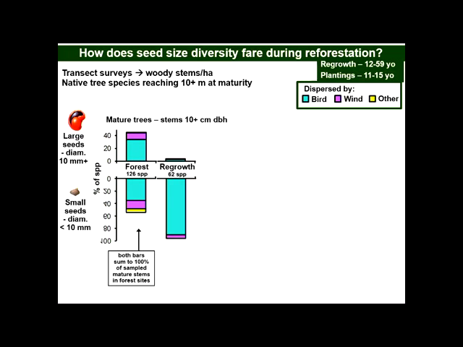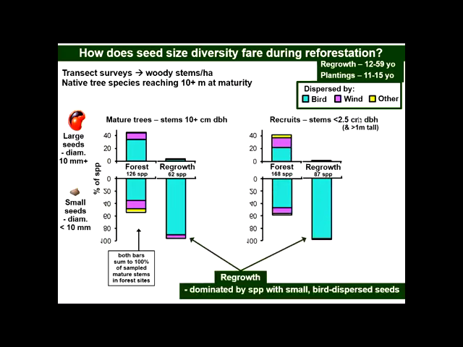Maybe they represent more large seeds. So to look at that, we take what I'm calling recruits, things less than 2.5 centimetres diameter. In the forest, it's not too different. The regrowth is just as dominated by species with small bird dispersed seeds. So it doesn't look like it's tending to get better over time if you look at what's coming up.